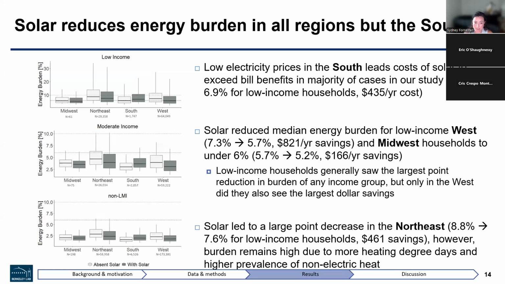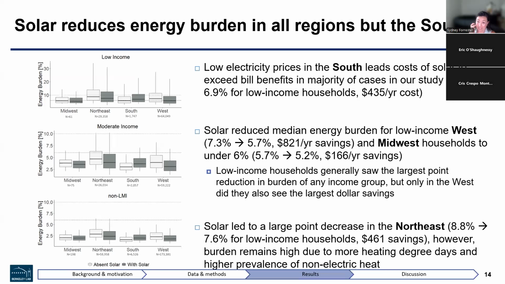Finally, in the Northeast, so the Northeast starts out with the highest energy burden, higher than any other region. And this is because of two things. One is that they have a high prevalence of heating degree days. But not only that, they have non-electric heating, and especially they have some fuel oil and propane for heating fuels, and those are just way more expensive than electricity and natural gas.